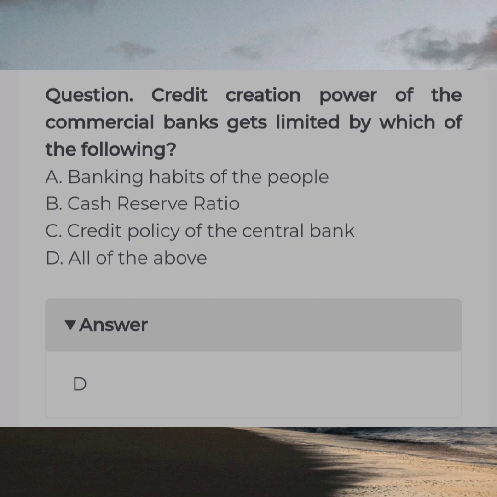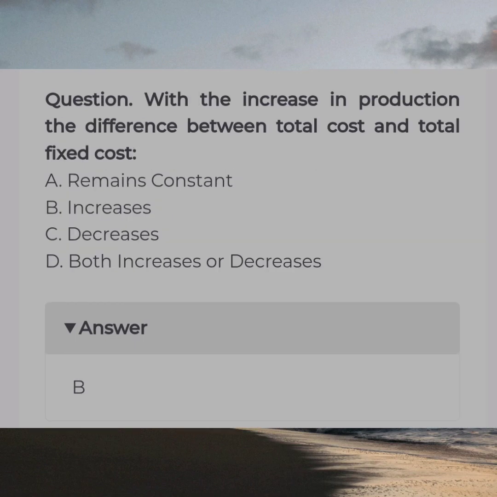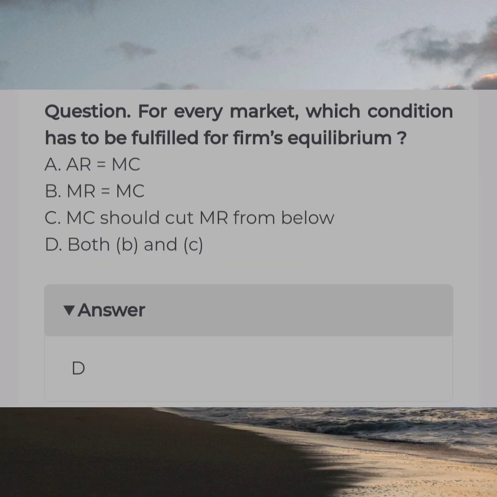Credit creation power of the commercial banks get limited by which of the following? Answer D, all of the above. With the increase in production, the difference between total cost and total fixed cost, answer B, increases. For every market, which condition has to be fulfilled to firm's equilibrium?